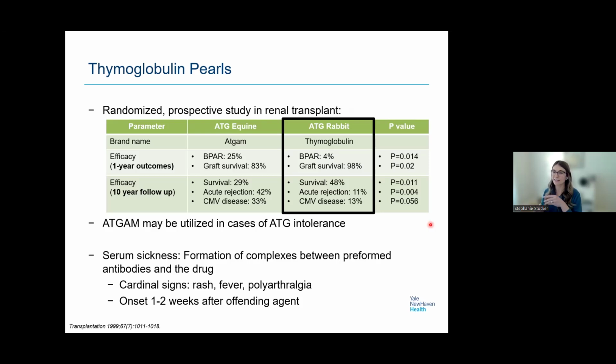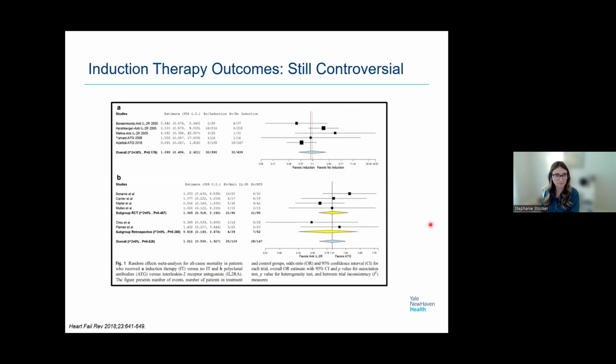And so classically, patients are either discharged, or if they're still admitted, we're probably not thinking about a medication that we administered 2 weeks ago when patients develop rash, fever, and polyarthralgia. Can be particularly painful. So it's not a common side effect, but it is something to tuck away, and does happen from time to time with thymoglobulin specifically.